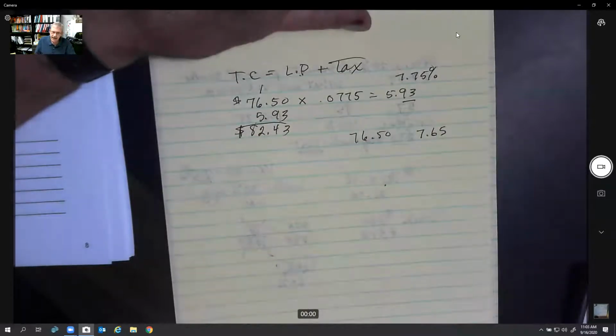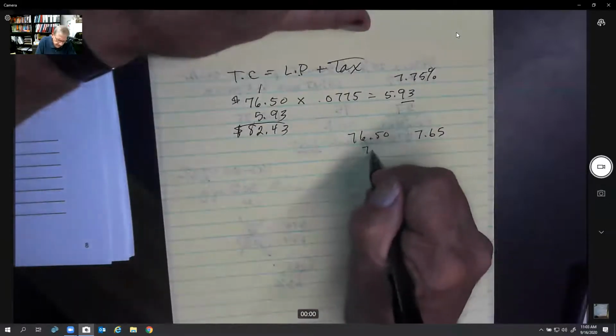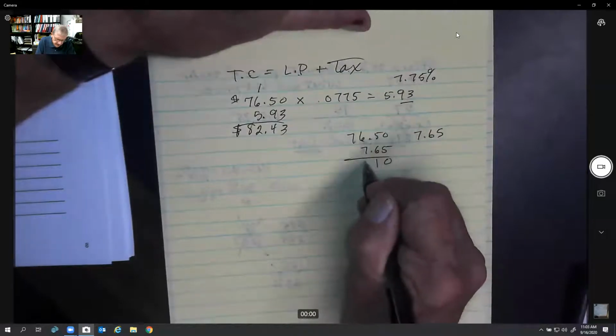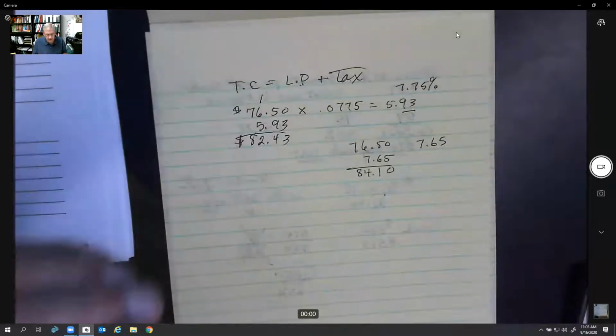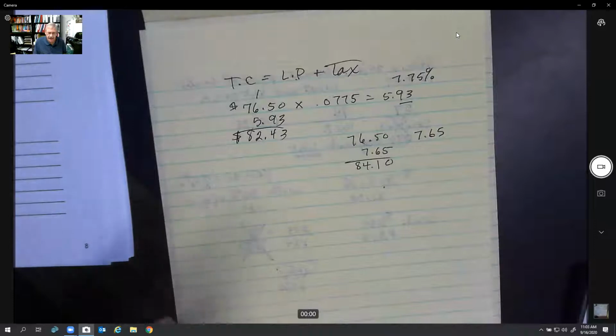That's going to be the tax. Now, I'm off a little bit. That's okay. But it gives me a rough estimate of how much this thing should cost. So when they ring it up, if it's $82.53, that's better. But it gives me a rough idea of how much the total cost is going to be.